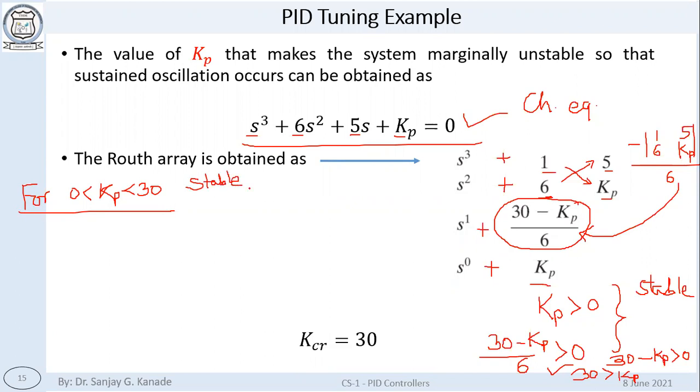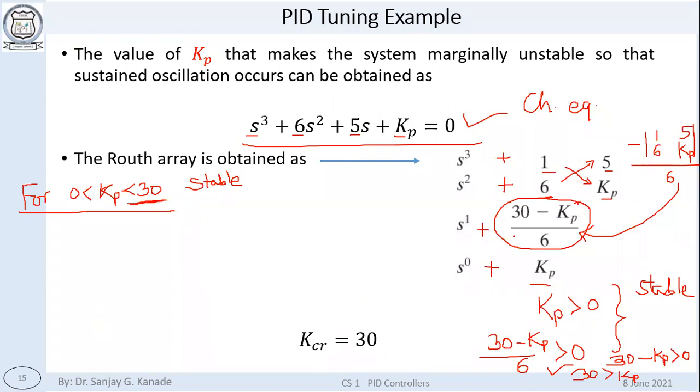But are we looking to find out stability? We don't want stability. What we want is the gain so that the system becomes marginally stable. Now, when will the system become marginally stable? See here, when the gain is 30, what will happen?